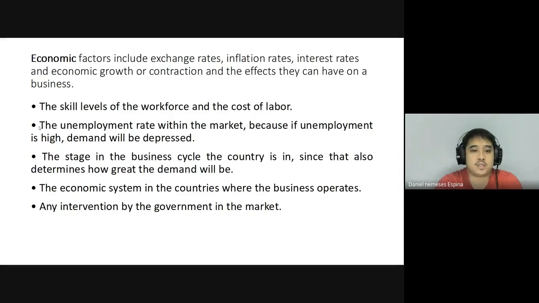So a lot of business owners and investors are looking at this economic data, the unemployment rate, because of the consumption. A lot of individuals, the employees and those with salaries, can afford to buy. But the business owners are not as many compared to the employees in the country.